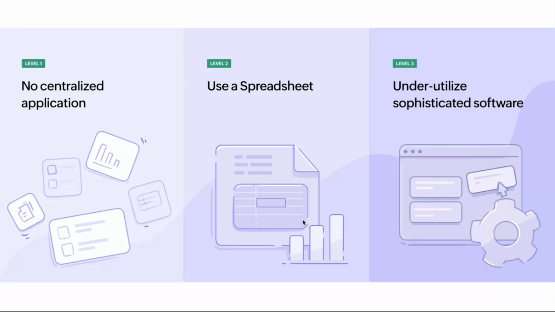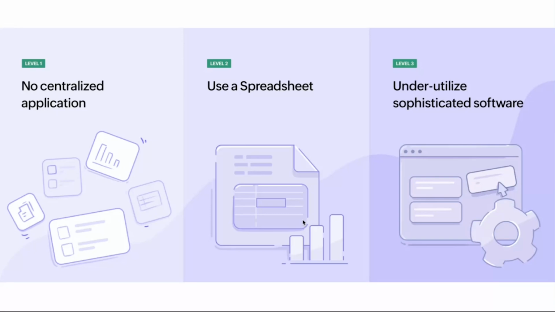The second level of users we're looking at is spreadsheet users, who are using spreadsheets for managing their work. And the third level that we look at in this framework is users who are using highly sophisticated software. For example, if it's a sales manager, you're working with a full-blown CRM, or if it's somebody on the legal side who is working with a full-blown CLM.